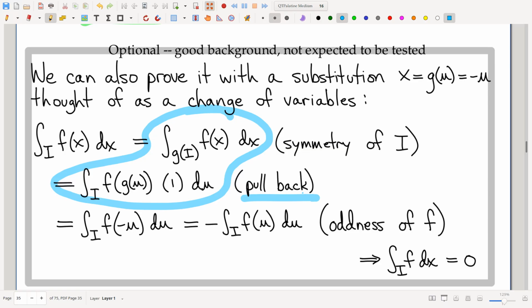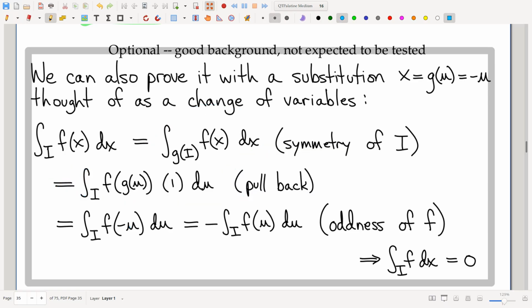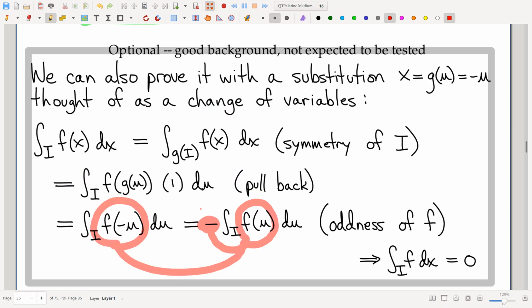And then you notice, okay, well, let's see, by the oddness of the integrand, f of minus u is minus f of u. And we're done, believe it or not, because check it out.